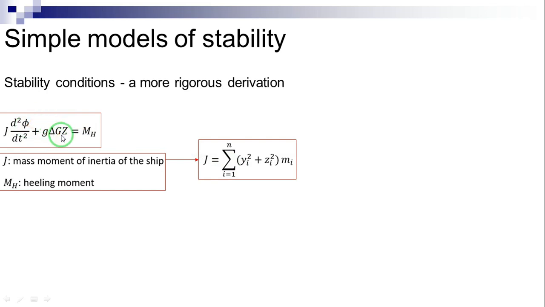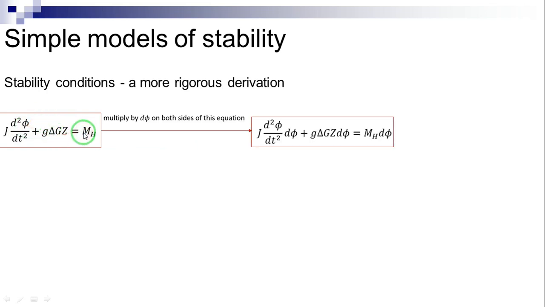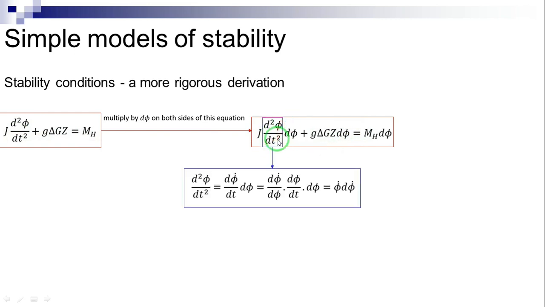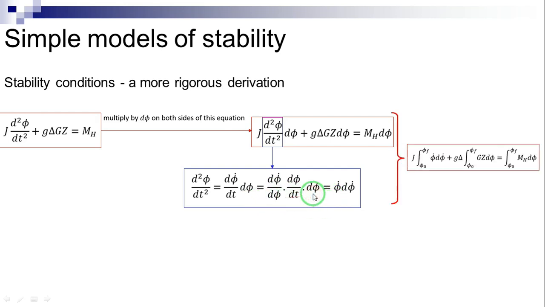Let us multiply by dφ on both sides of this equation. We obtain this equation. We transform the factor that multiplies J as follows and integrate between an initial angle φ0 and a final angle φf. The result is shown here.